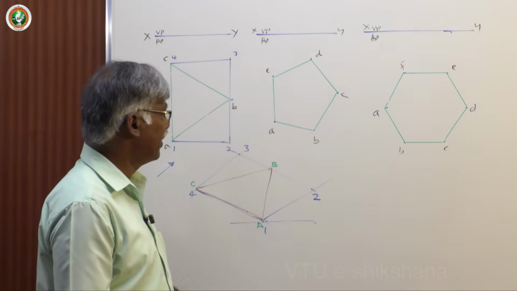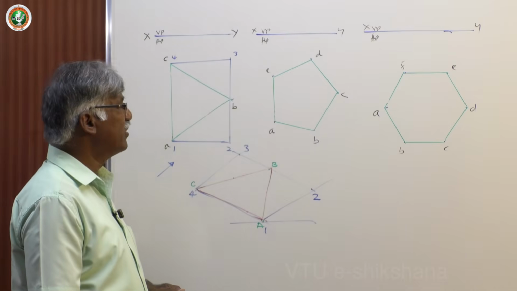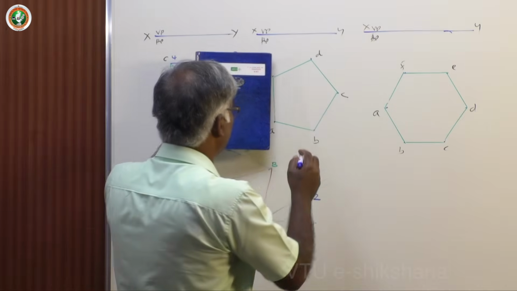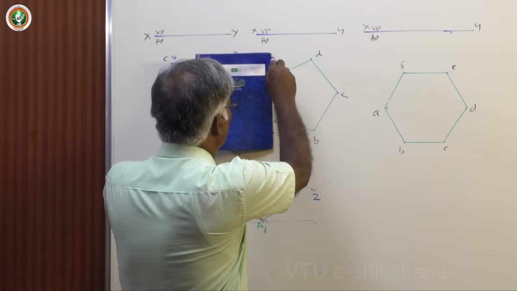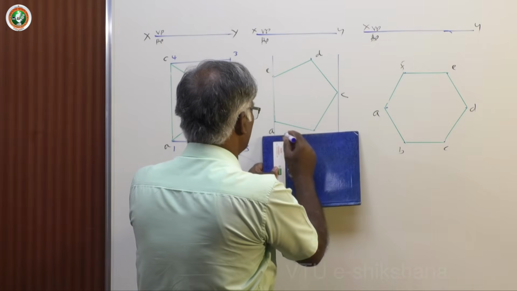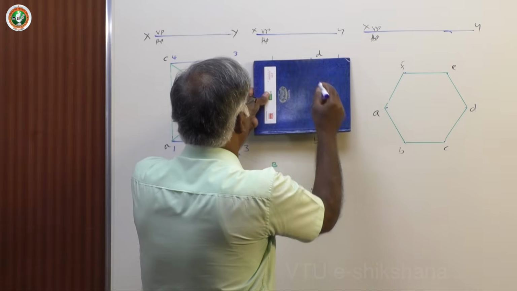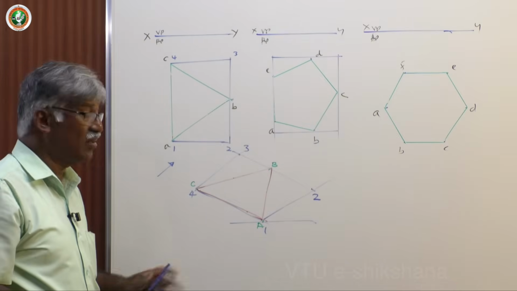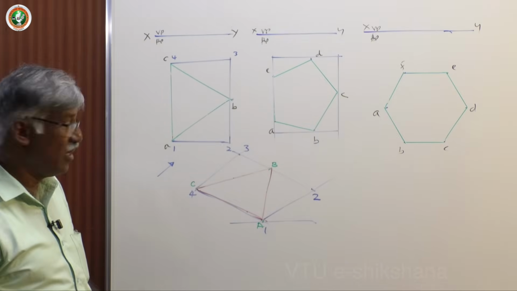Next, let me come to this pentagonal shape. Again, you have to create a box. So, regular pentagon. Most of the time it looks like a square. It is not at all square. Absolutely it is a rectangle. You must be very careful.